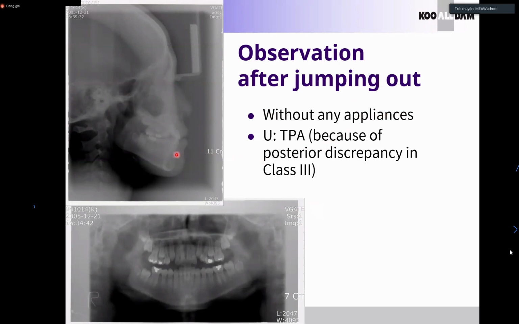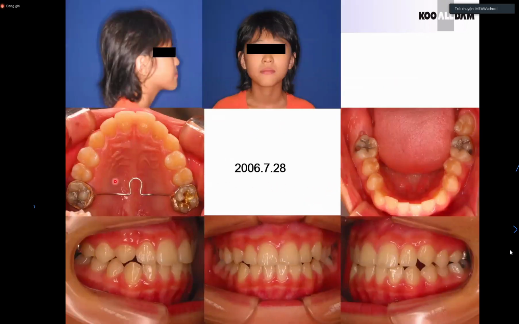However, you may think about using a TPA because of the posterior discrepancy in class 3 malocclusion. So this kind of TPA is some kind of retainer. So I want to insert the TPA in the upper first molar area.